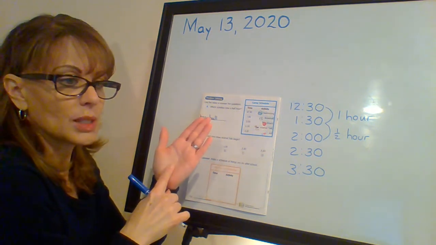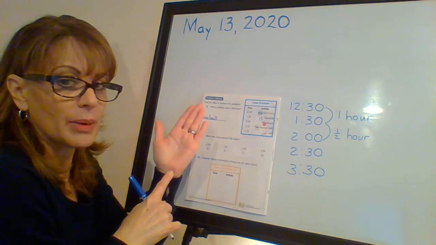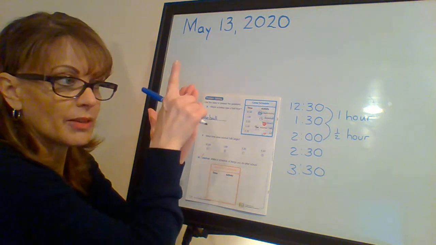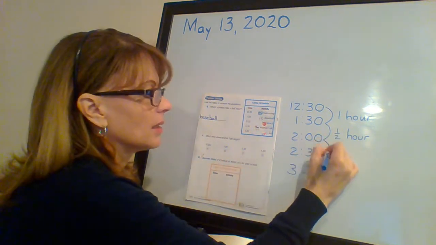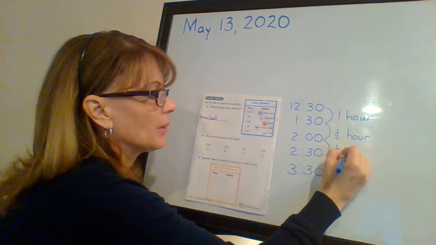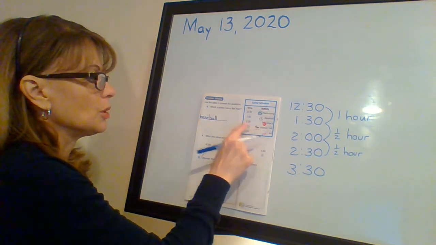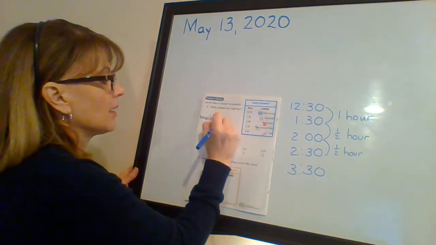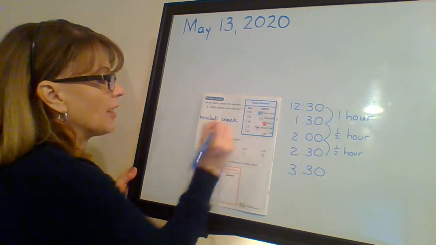Make your clock say 2 o'clock and now go to 2:30. Is that an hour or a half hour? Just a half hour. The minute hand went from the 12 to the 6. That's a half hour. So from 2 to 2:30 is snack. That took a half hour.